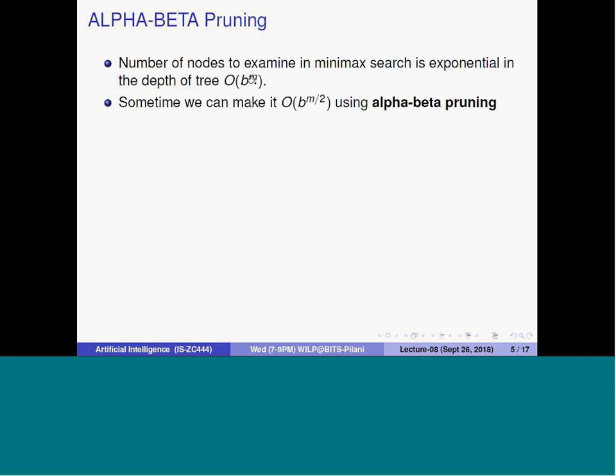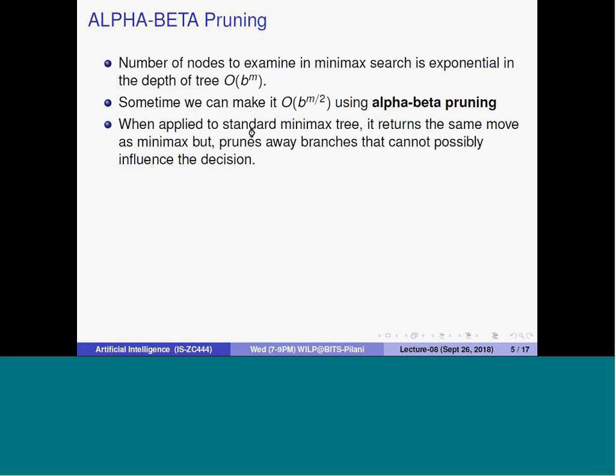I think this part we have not seen. The number of nodes to examine in minimax search is exponential in the depth of the tree, as we know. Sometimes, very importantly, we can make it b to the power n by 2 by using alpha beta pruning. Alpha beta pruning is a new thing that we are going to discuss.